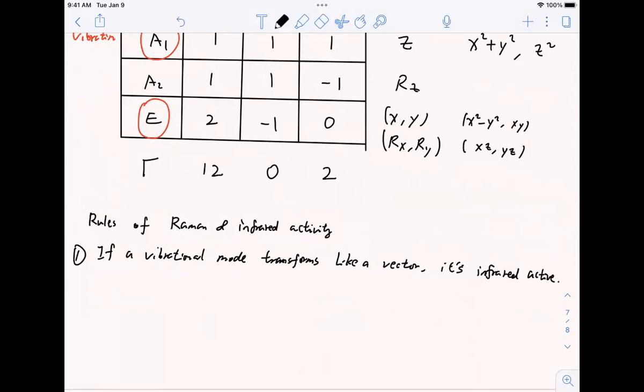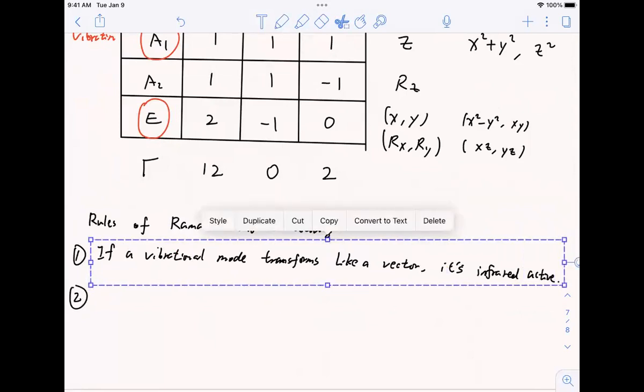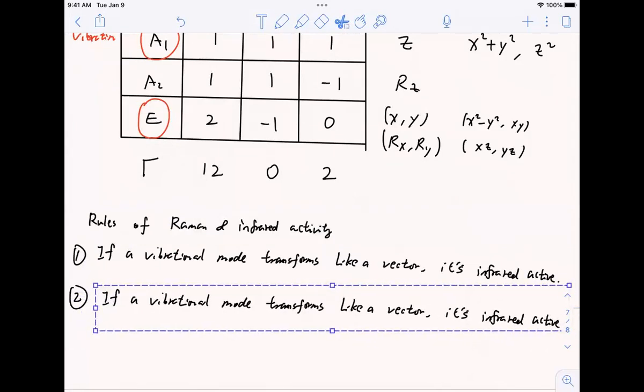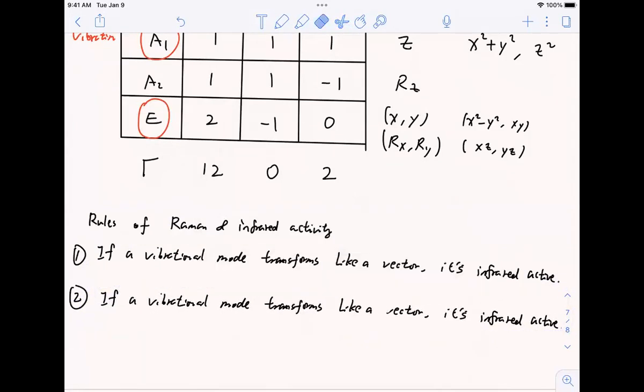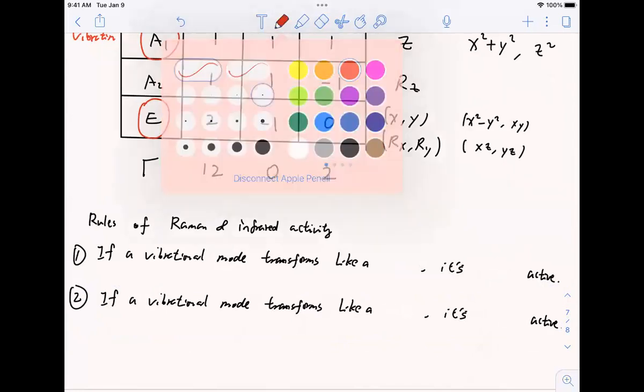Because the infrared activity is induced by an electric dipole, and the electric dipole is a vector. Okay? And if a vibrational mode transforms like a tensor, it is Raman active. Maybe I should use some color to represent it.